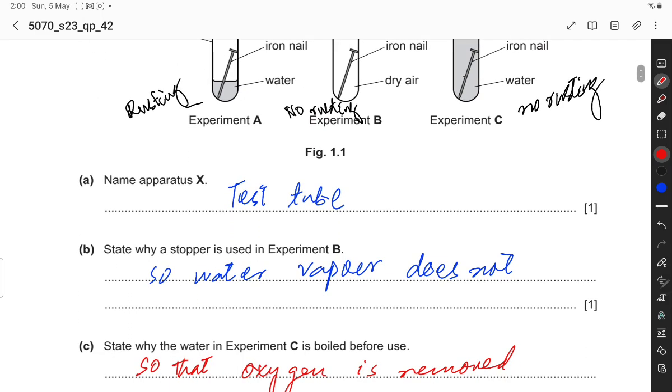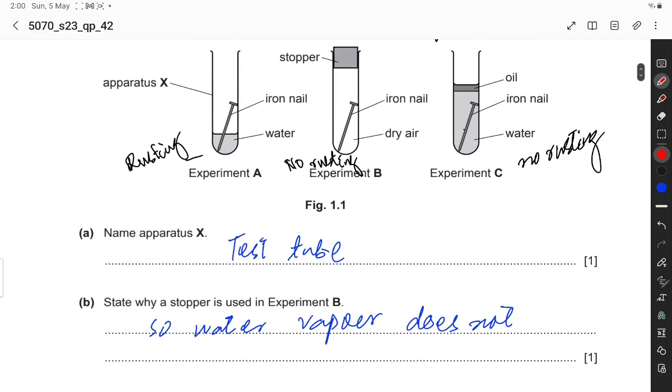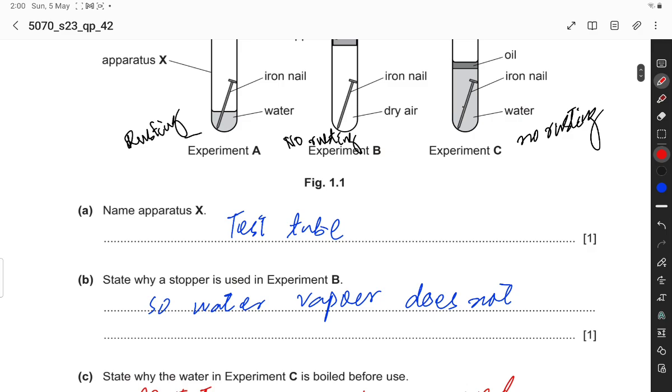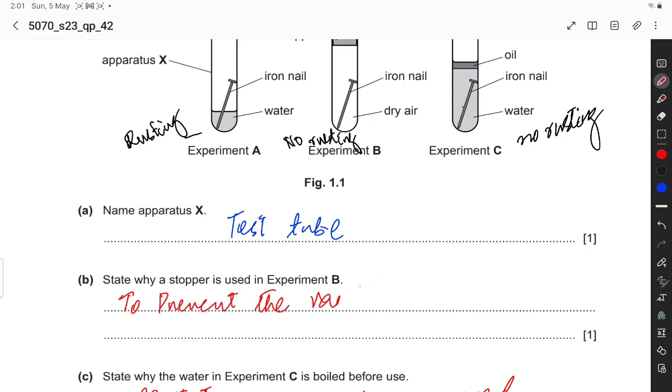State why the stopper is used in experiment B. To prevent the water vapor from entering the tube in experiment B.